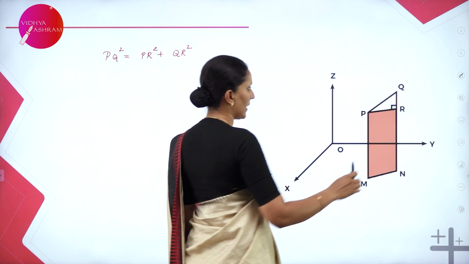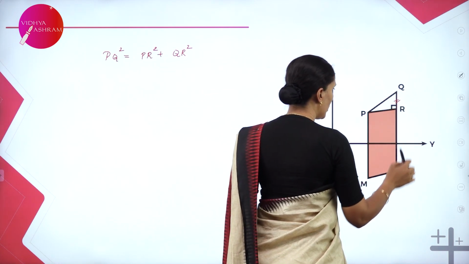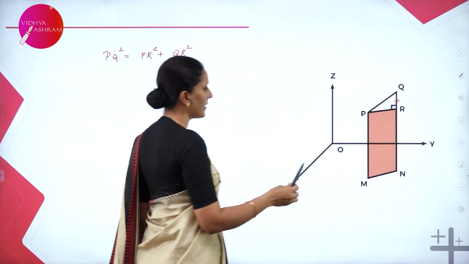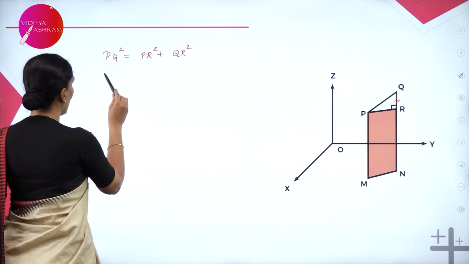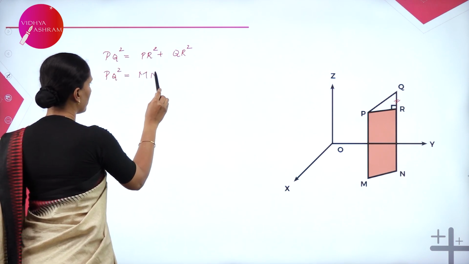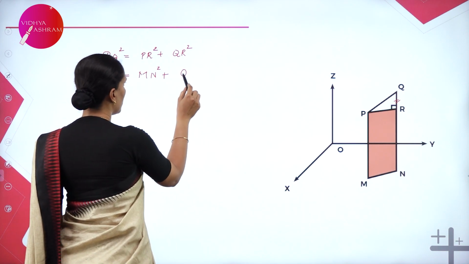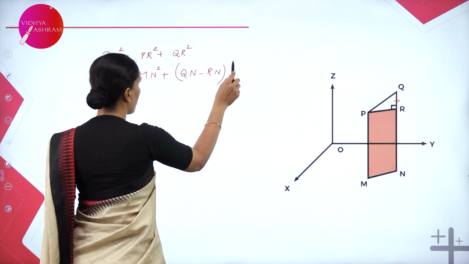Now this distance QR is obtained by subtracting RN from QN. Since PRNM is a rectangle, instead of PR, I can write MN square. And QR can be written as (QN minus RN) whole square.